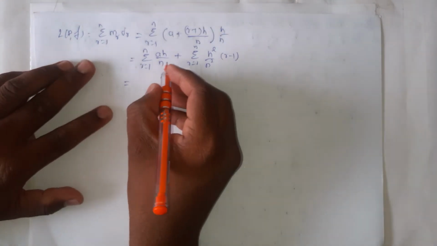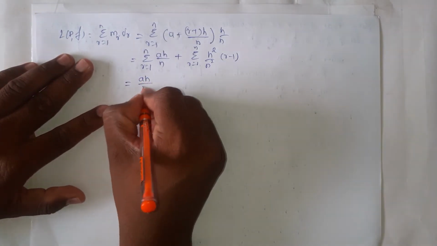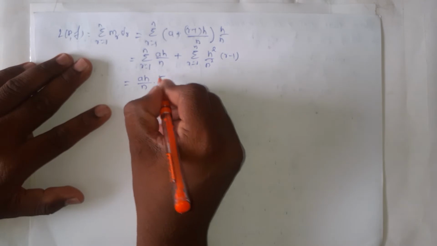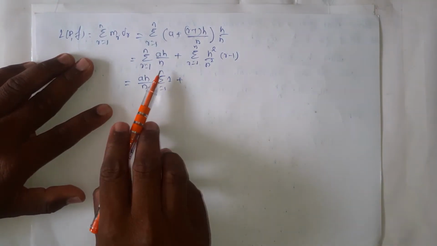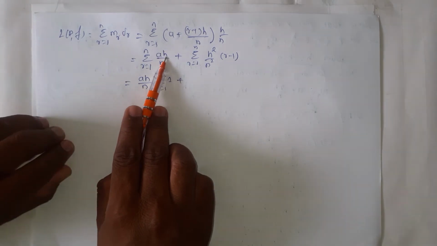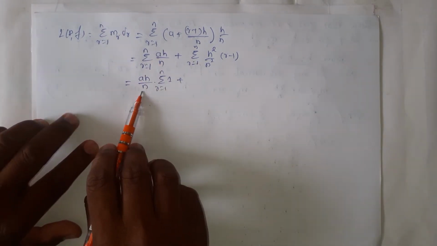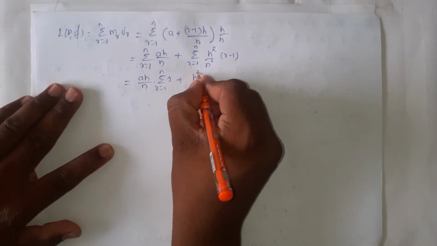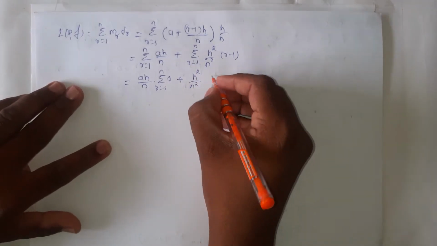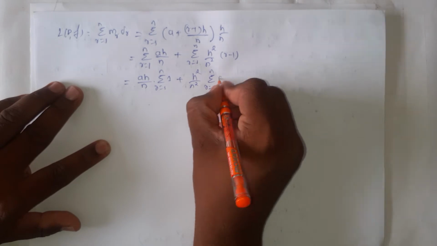So it is equal to a h divided by n into summation over r is equal to 1 to n 1. Here we are writing the constant terms out of the summation, that is a h by n into remaining 1, and here h square divided by n square is constant, remaining summation over r is equal to 1 to n r minus 1.